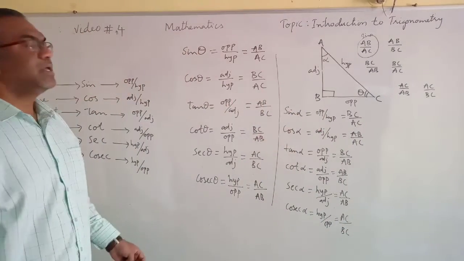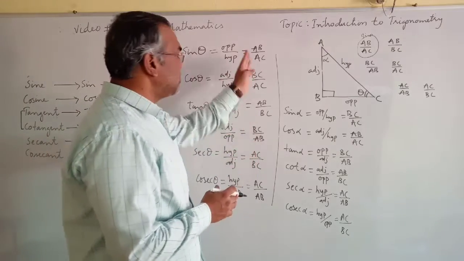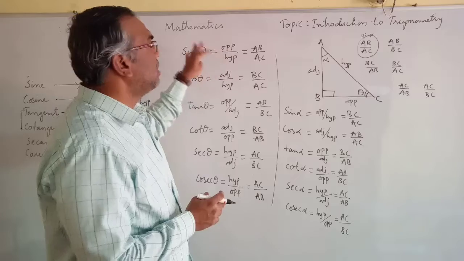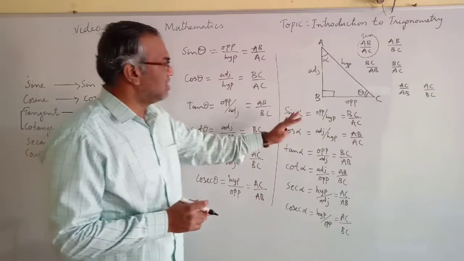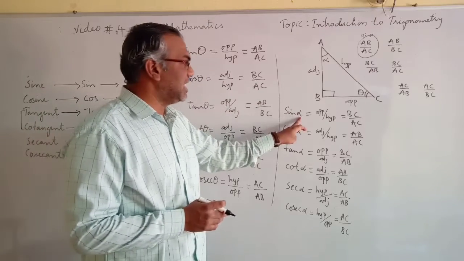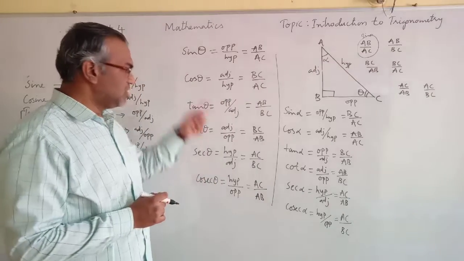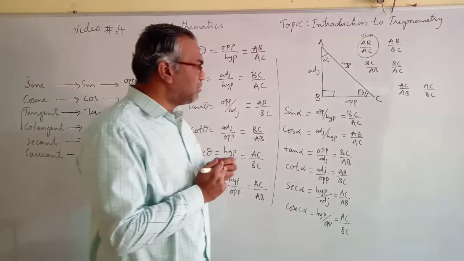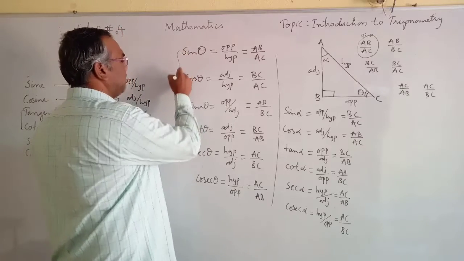We wrote the ratios of sides with the trigonometric ratios for different angles, right? See the difference between when we take angle theta and when we take angle alpha. And remember one more important thing: you have to learn these three definitions only.